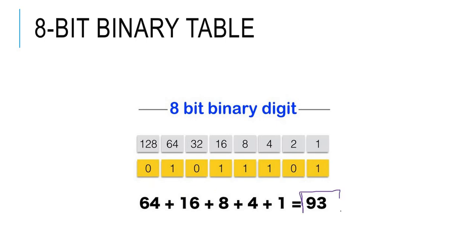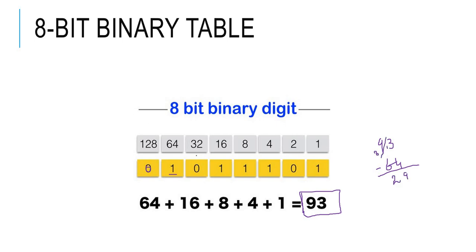So for 93, 93 is smaller than 128, so that's why we're putting a 0 over here to mark it off. But it is greater than 64, that is why we're opening 64. Then we're going to do 93 minus 64, which is 29.